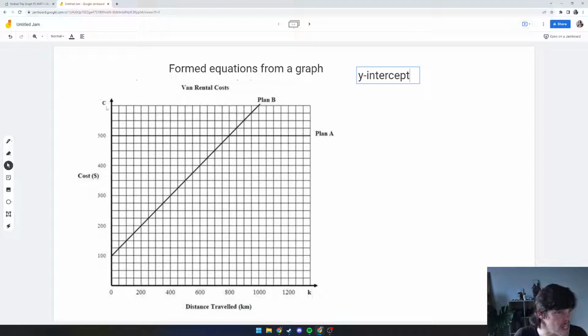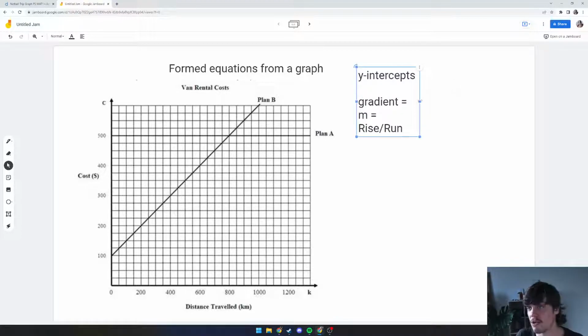It's called C this time, but normally we call it Y. And also you will need to find the gradient, and as you know, gradient equals m, which is rise over run. So we're going to have a quick look at doing those now.